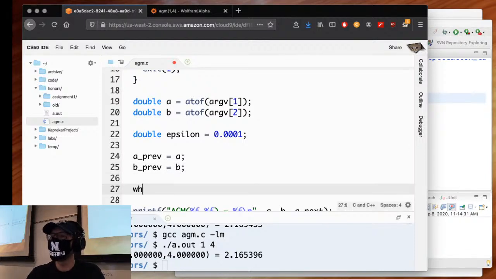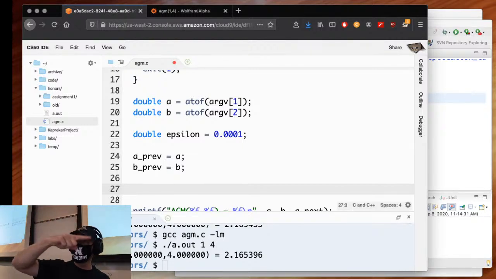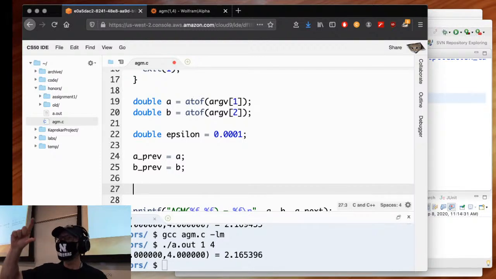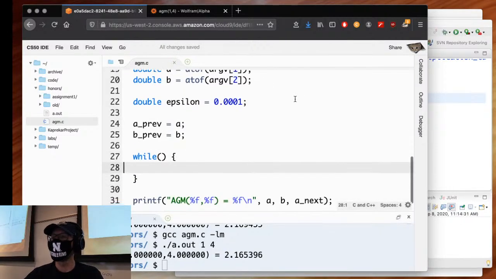And now, if I'm going to do this over and over again until it's going to be overestimate, underestimate until I get to what I want, then what kind of a loop do you think is most natural here? A for loop where I know up front how many iterations I'm going to go, or a while loop where I don't know how many iterations I'm going to go, so I just keep going until it's close enough. Okay, while loop.